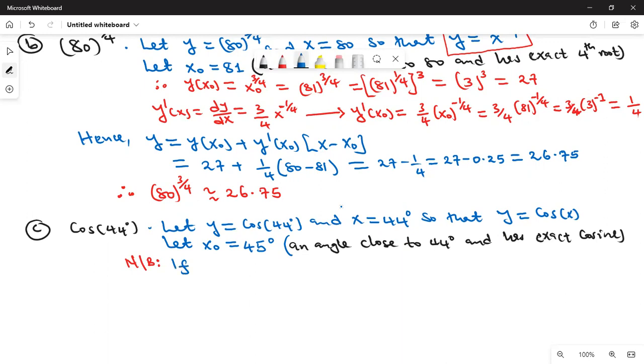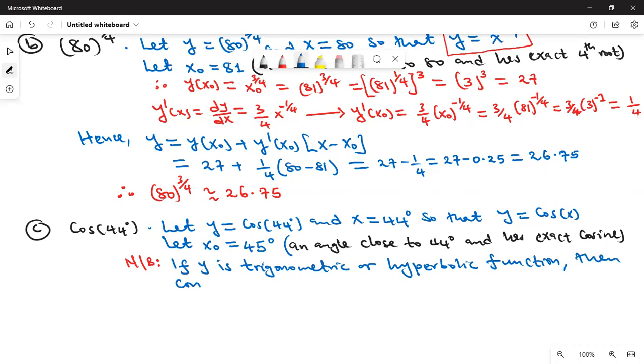If y is a trigonometric or hyperbolic function, then convert x and x naught to radian.